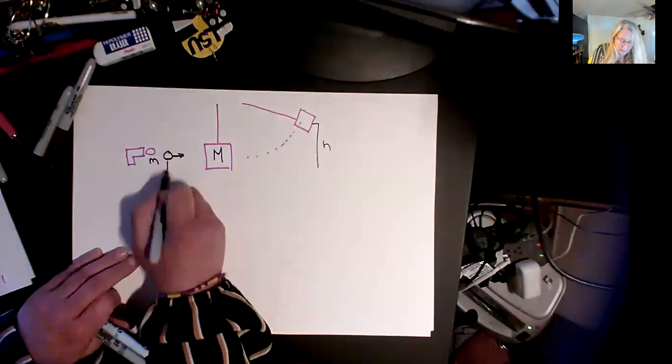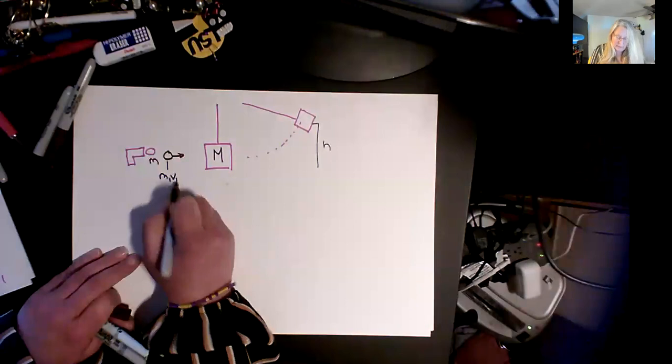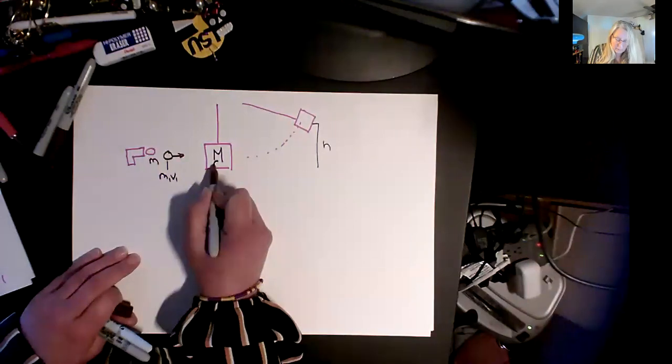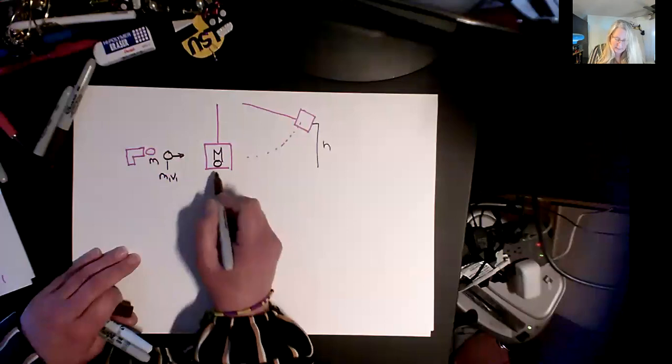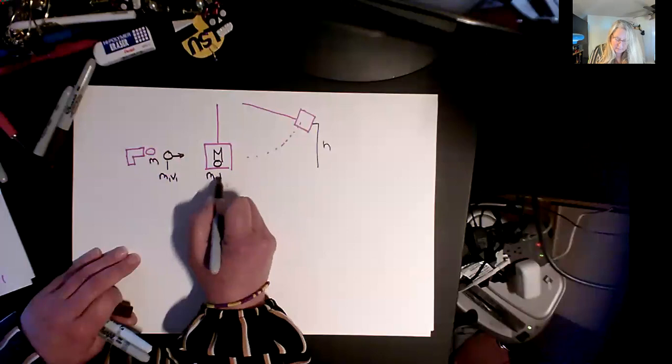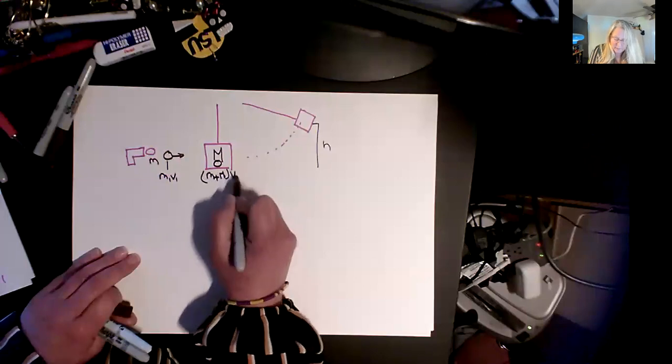So when this ball first starts moving, here it has little mass and some initial velocity. And then when it sticks, at the point where the ball is embedded, I have little mass plus big mass, and they're going to have some velocity.